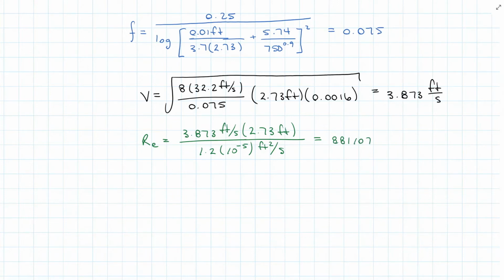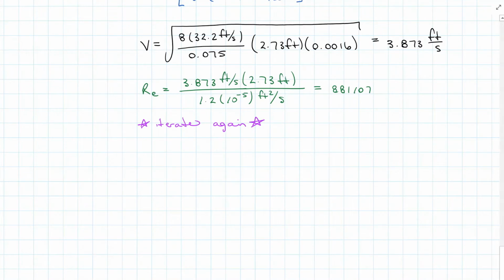So with that new Reynolds number, I'm going to iterate again. Plugging that into my friction equation, I get a friction factor of 0.016, which gets me to a velocity of 8.39, which gets me to a Reynolds number of 1,907,815.